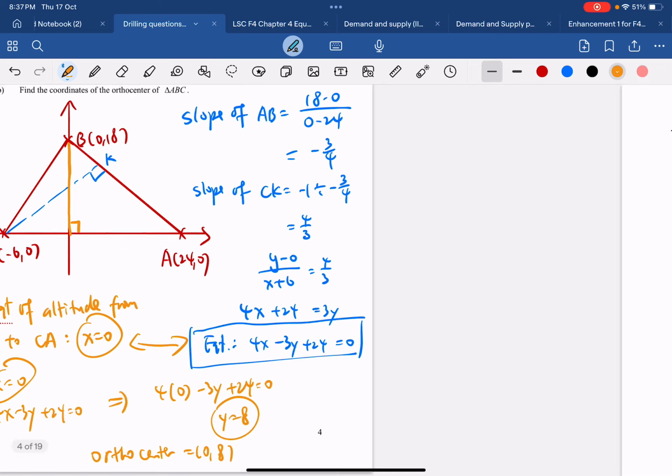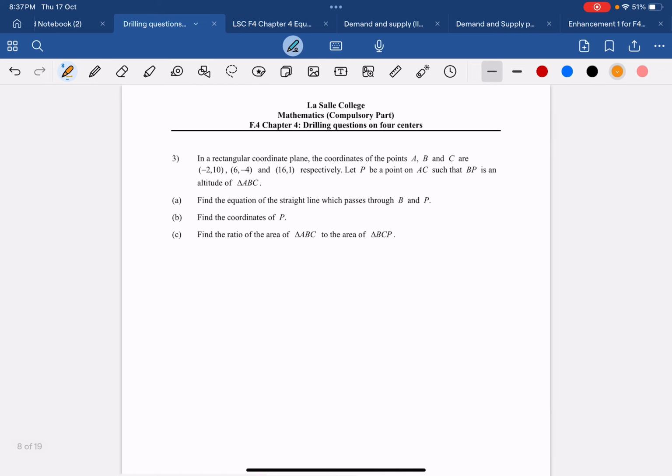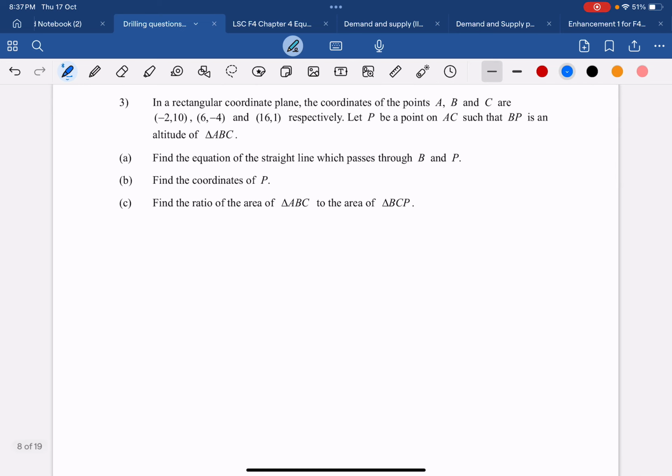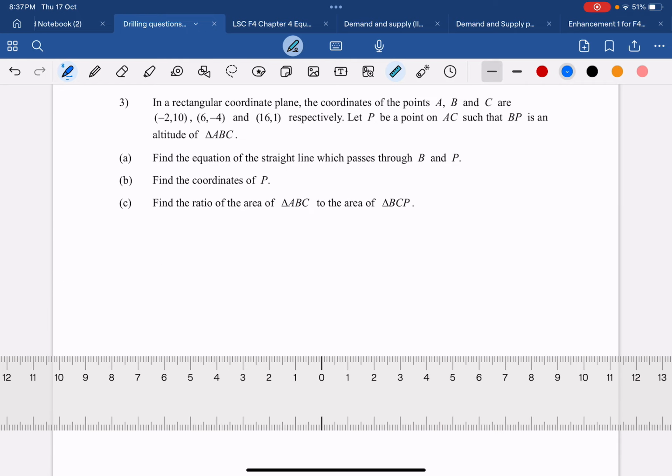And then let's do one more question before we end the lesson today. So let's do question 3 on your own first. Let's try to draw the diagram. This time they have given you all the points, okay?